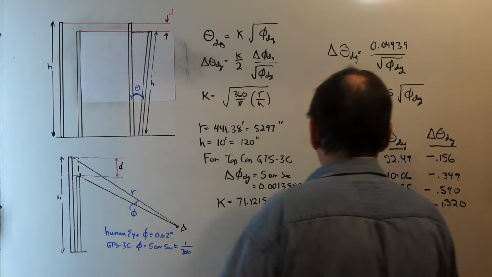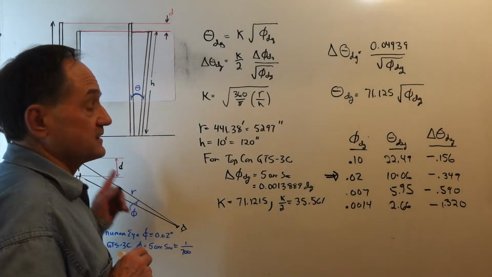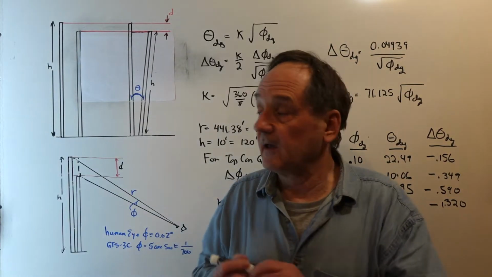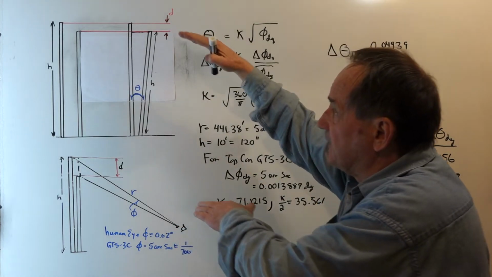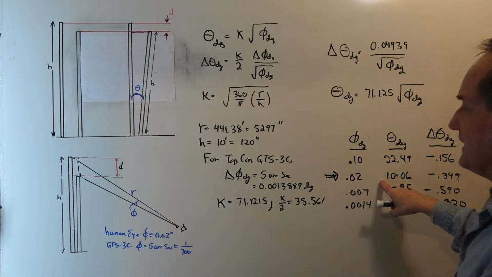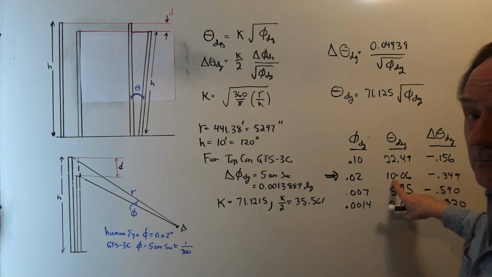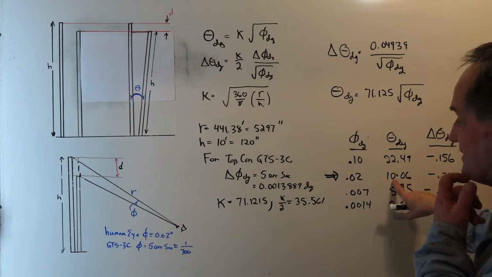What this tells us right off the bat is that at this distance of 441 feet away, looking at poles 10 feet in length, we would not be able to detect a tilt angle of anything less than 10.06 degrees. That's what this is telling us.